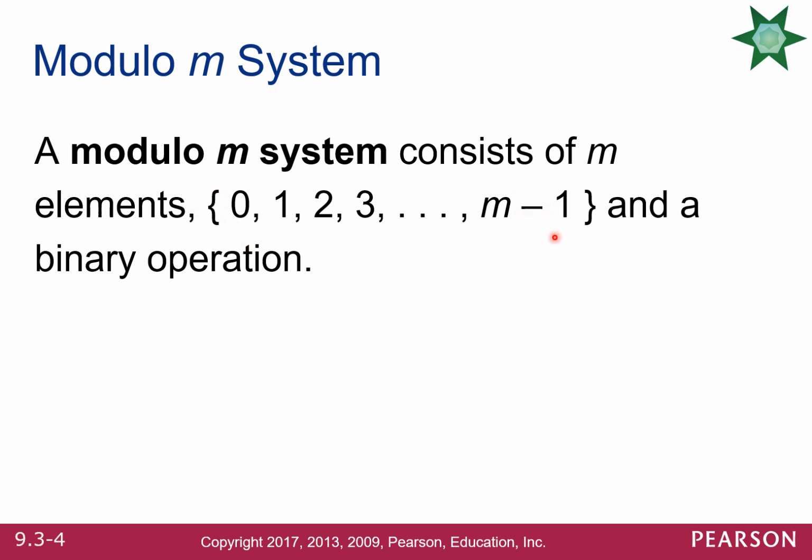So there can be m number of solutions, but the specific values that the solutions can take would be anything between 0 and 1 less than whatever m is.